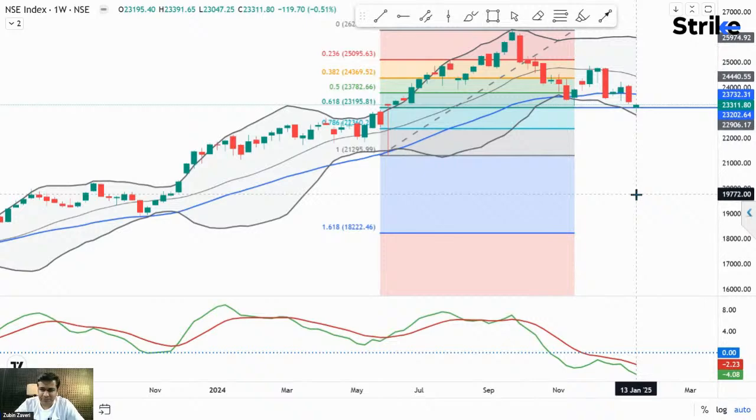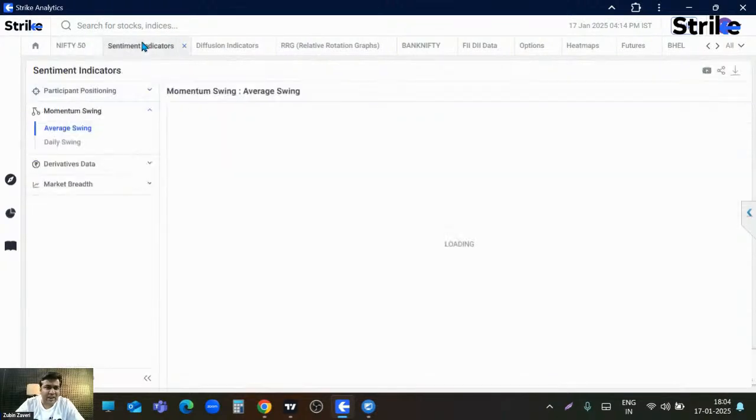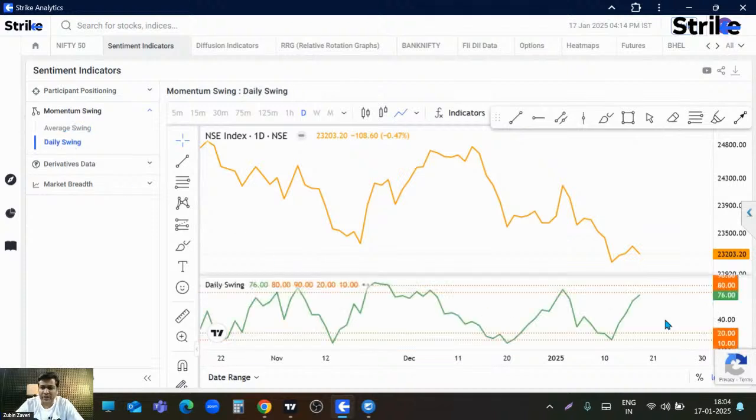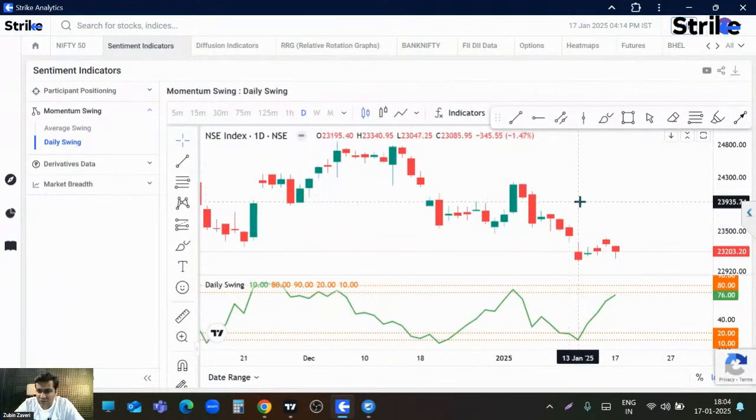All right. Now let's look at the sentiment indicator first, and try to understand what can happen. So we look at the daily swing. You can see that on 13th January, when the daily swing indicator went oversold, it quickly rose up and it's almost near the overbought area.